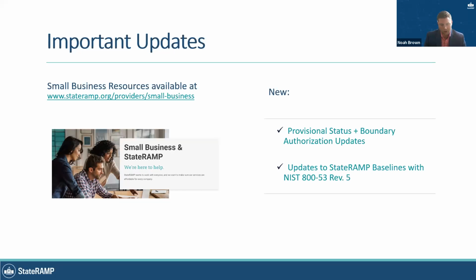For those providers who are leveraging non-StateRAMP or FedRAMP authorized tools, there will be a process by which you can move to a provisional status and still showcase the security of your product while those other third-party providers are working towards a full StateRAMP authorization. Additionally, we will have our updates to the NIST 800-53 Rev 5 baselines coming soon. Those will be going before the committee this month, and we will have follow-on information coming out on timelines to implement those new baseline control requirements.